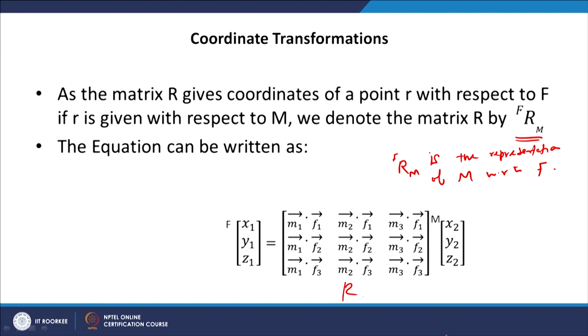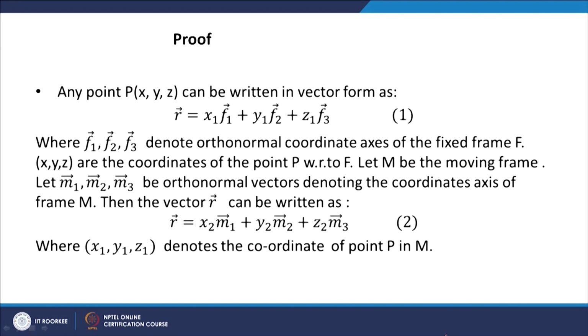So, how to prove this relation? The point P (x1, y1, z1) can be written in the form R equal to x1 f1 plus y1 f2 plus z1 f3, because R is represented in terms of f1, f2, f3.